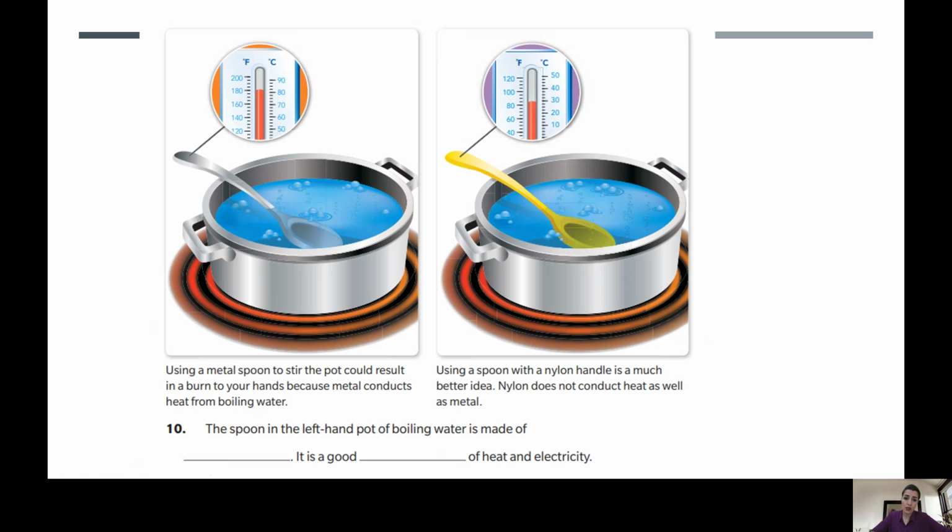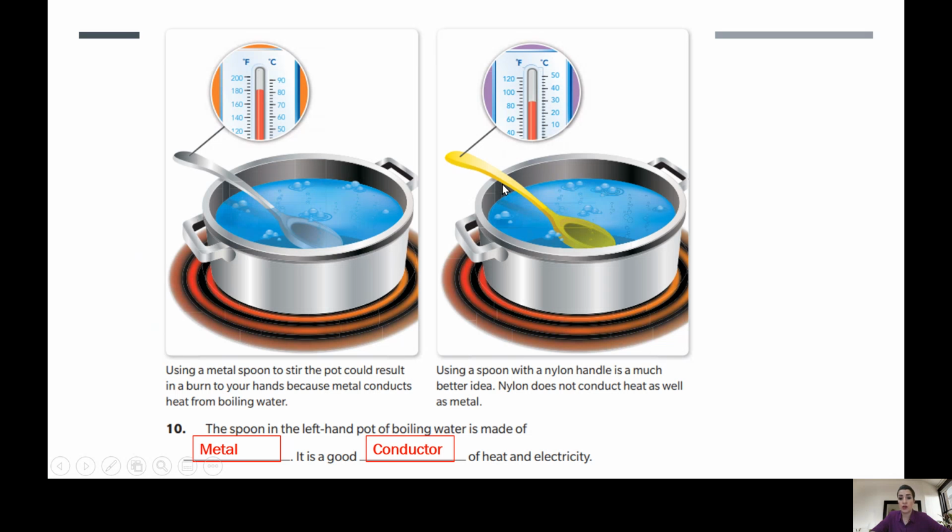So if I put, for example, a metal spoon inside this container and this is on fire, after some time you will feel that the metal spoon is getting hot, and as you can see over here that the temperature increased.